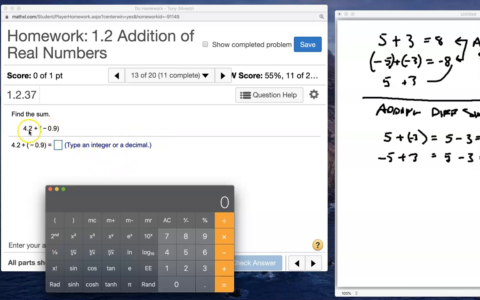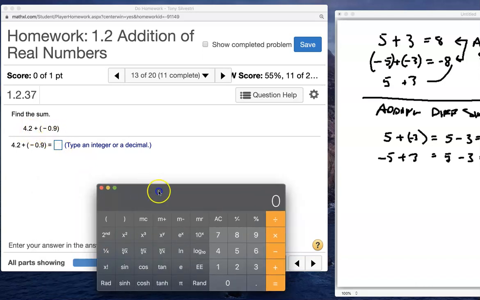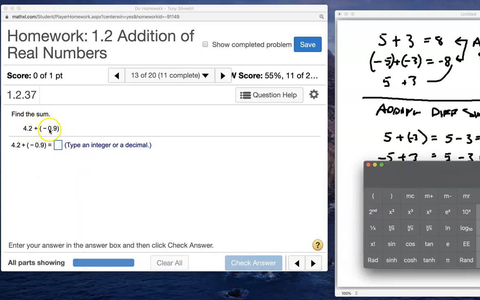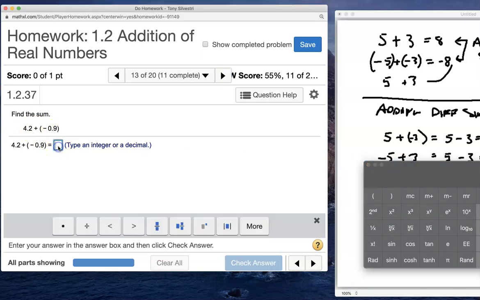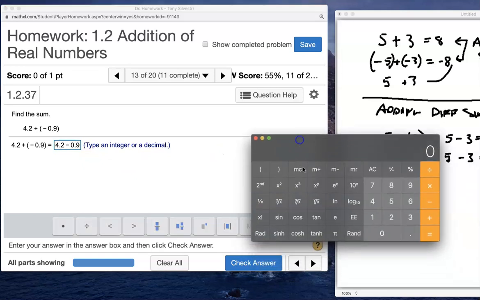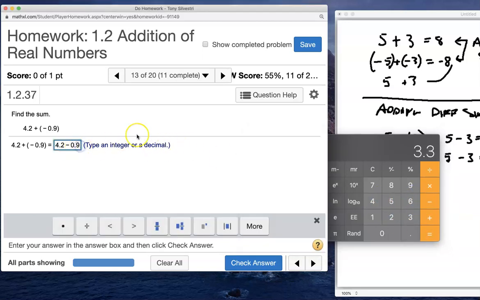These are two numbers, one's positive, one's negative. You're adding them together. Keep the absolute values. Take the bigger one first, subtract the smaller one. Okay, I'll do that right over here. 4.2 minus 0.9 equals 3.3.